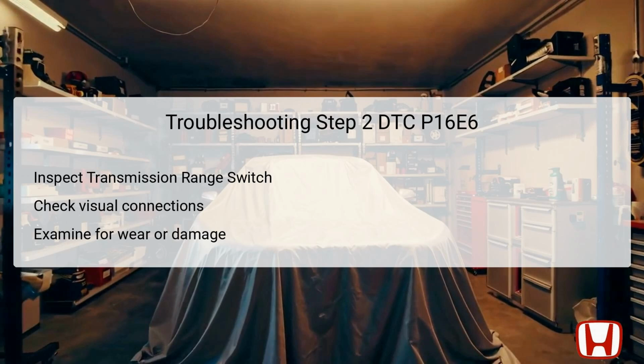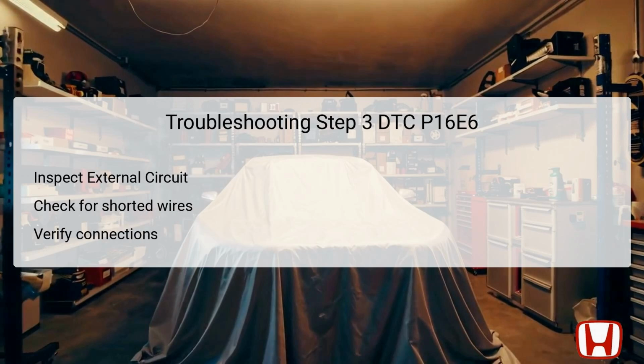Additionally, testing the switch with a multimeter can provide insights into its electrical properties and functionality. Inherent faults in the switch can often lead to miscommunication with the PCM, and should be addressed to eliminate this as a cause of DTC P16E6.